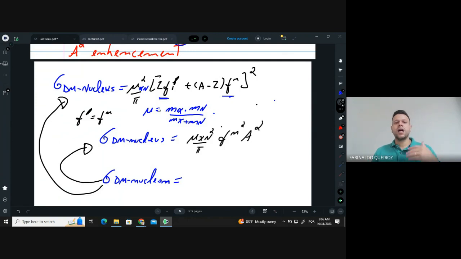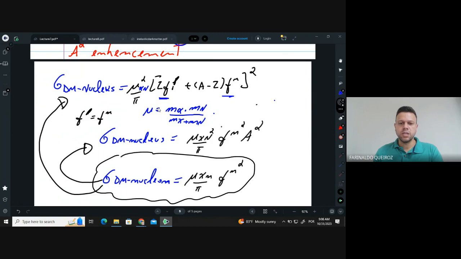And then for a nucleon, it is simply mu chi n, pi, Fn squared. You integrate out the A squared dependence. So that's what the dark matter nucleon scattering cross section looks like. This is just particle physics, as you can see.